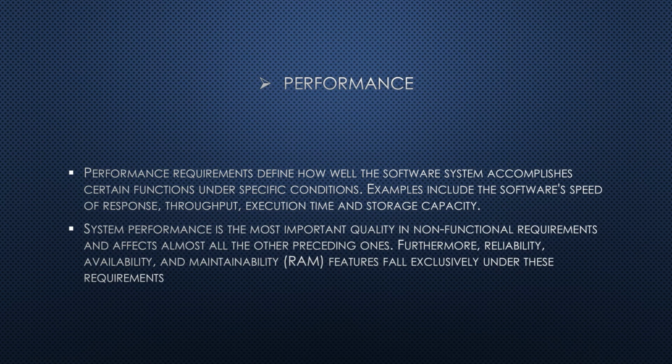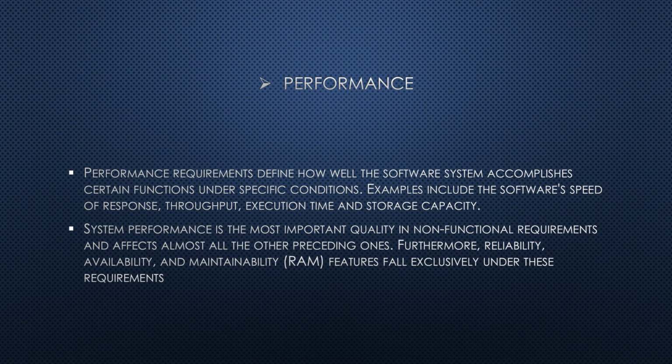Performance. Performance requirements define how well the software system accomplishes certain functions under specific conditions. Examples include the software speed of response, throughput, execution time, and storage capacity. The service levels comprising performance requirements are often based on supporting end user tasks.